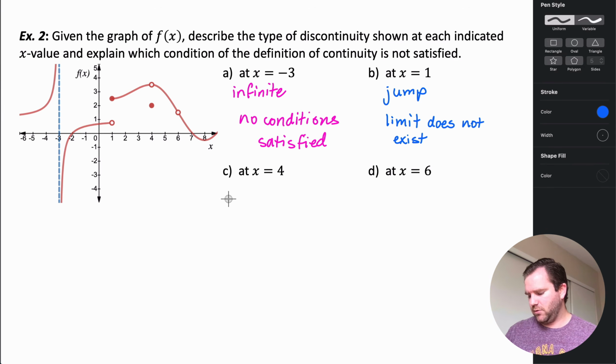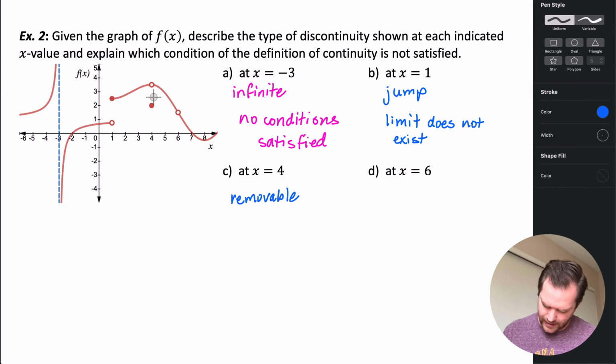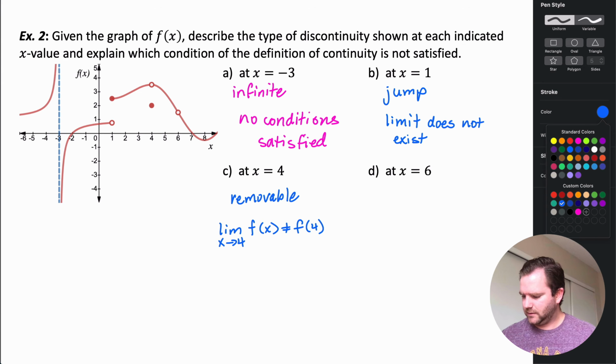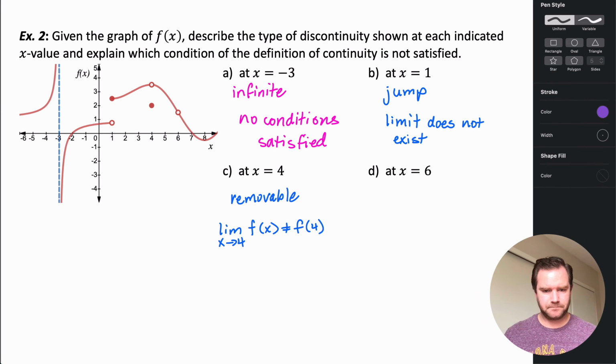So this would be a removable discontinuity, because if I redefined f of 4 to be about 3.5, then that would make it continuous. So we can say that the limit as x approaches 4 of f of x is not equal to f of 4. That's the condition that is not met for continuity here.